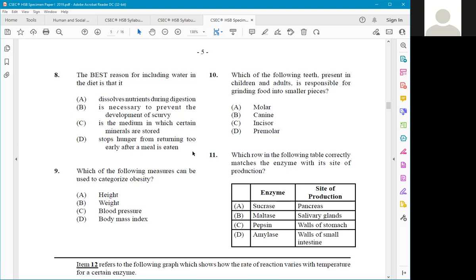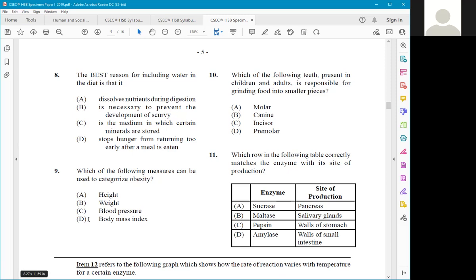So yes, number 9. Which of the following measures can be used to categorize obesity? You have height, weight, blood pressure, and body mass index. That's the correct answer. Your height alone can't give an indication of whether or not a person is obese. A person could be short, they could be tall.